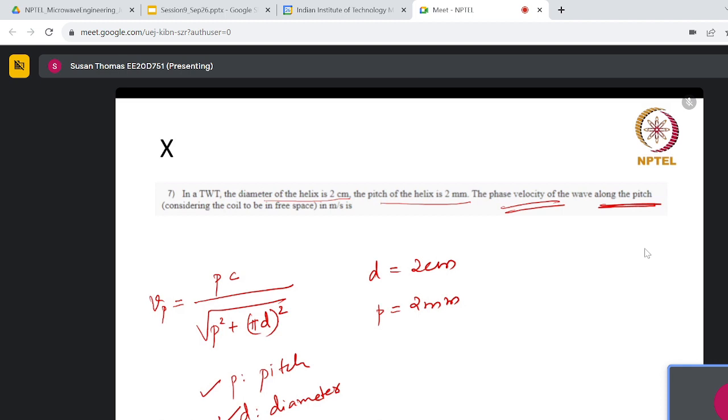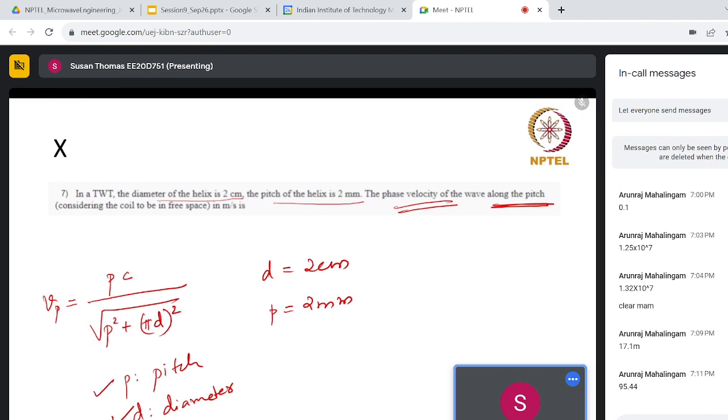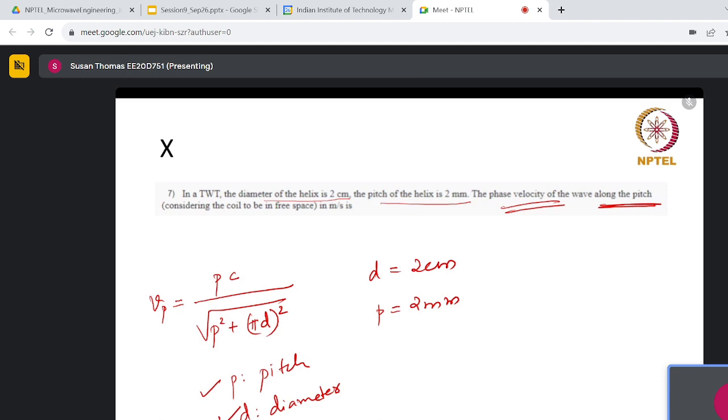Is there any powers here? 95.44. 2 into 10 power minus 3 into 3 into 10 power, C is 3 into 10 power 8 meter per second, square root of.